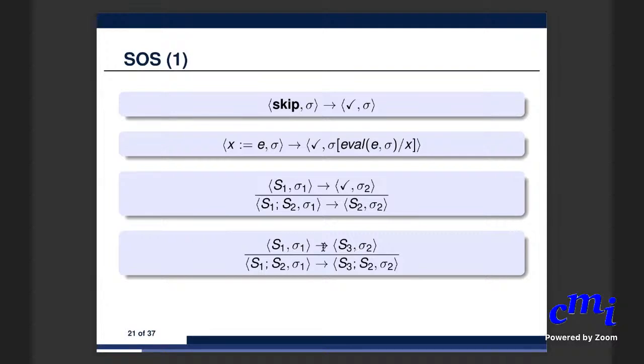So if S1 of sigma 1 can also yield some other smaller program S3 with a new environment sigma 2, then you will have to replace S1 with S3 followed by S2 and evaluate that in sigma 2. You will see why this is needed, because of the way we are defining it in an inductive fashion.